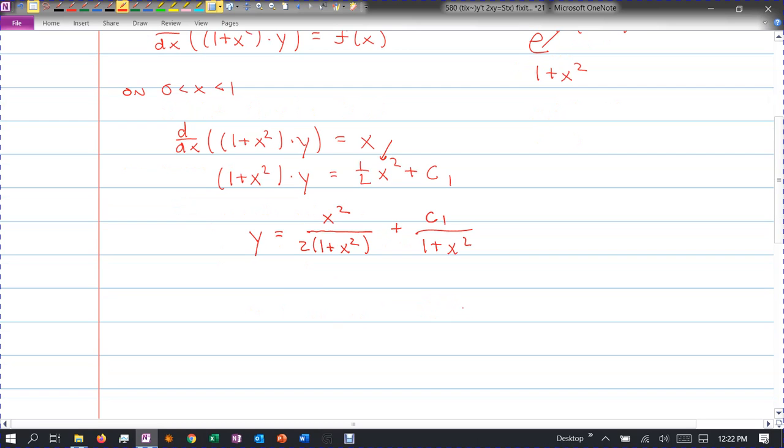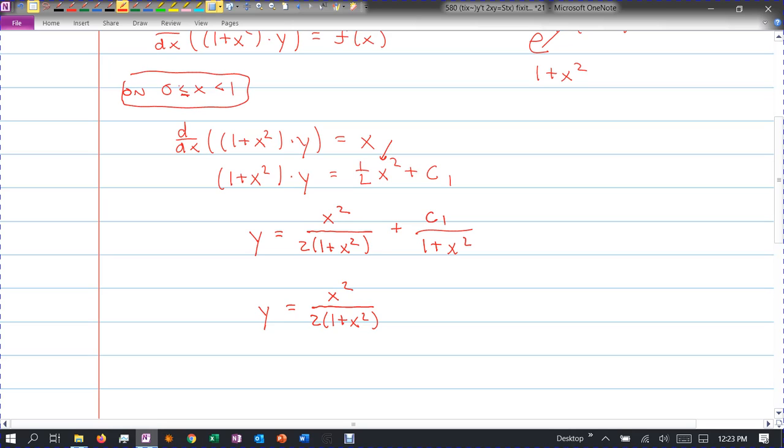Now I'll replace y with 0 and x with 0, and you'll get c1 is 0, which means that this could be rewritten y equals x squared over 2 times (1 plus x squared), like that. So that's what y is if we're on this interval 0, 1, including 0.